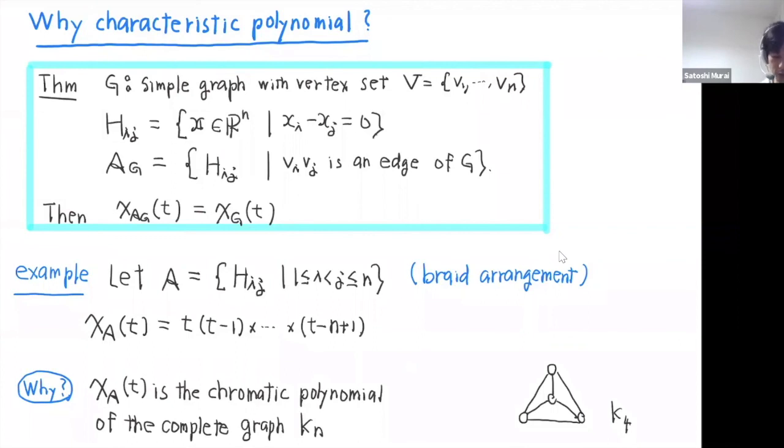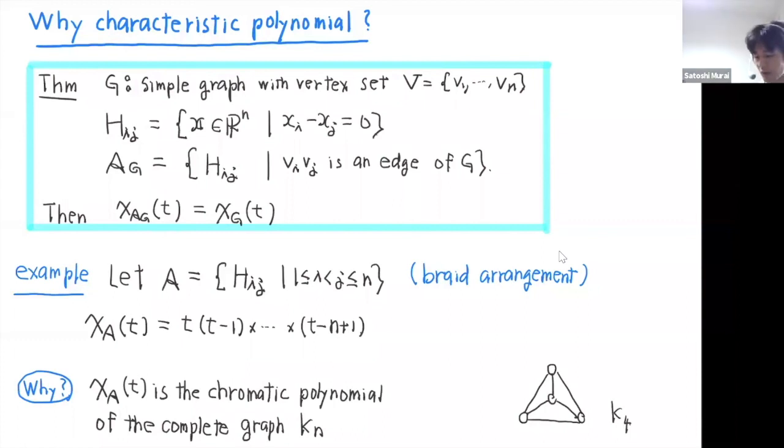As a simple application of this theorem, you can compute the characteristic polynomial of what people call the braid arrangement. The braid arrangement is just the hyperplane arrangement consisting of all Hij, which is equal to the arrangement of the complete graph. So you can easily compute the characteristic polynomial by counting the number of colorings. Although it is not so easy to compute the intersection lattice, you can compute the characteristic polynomial.